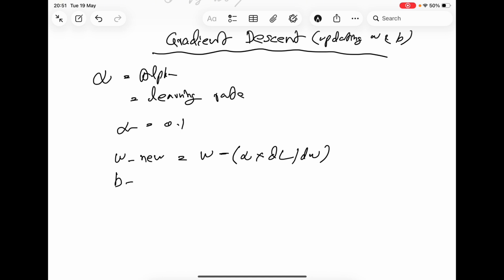Same method for the bias as well. Old bias minus the learning rate times the derivative with respect to bias b.